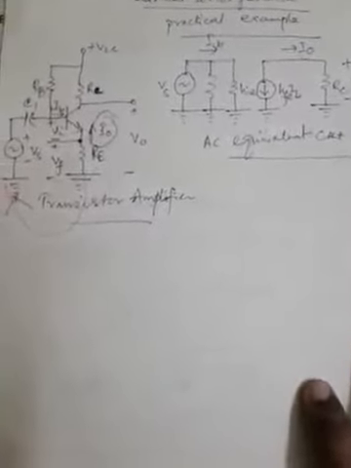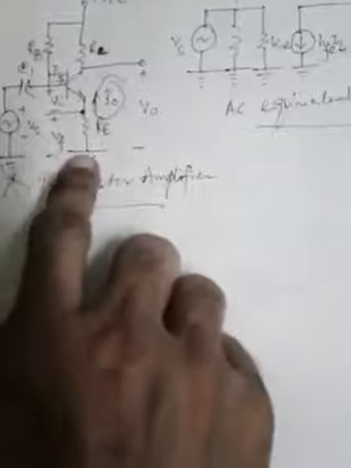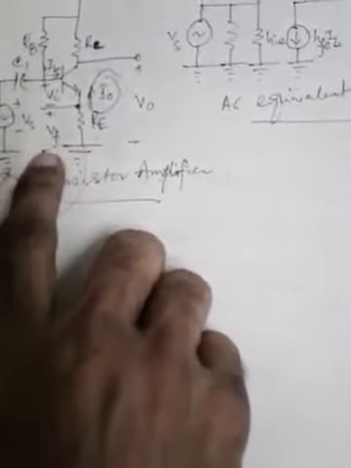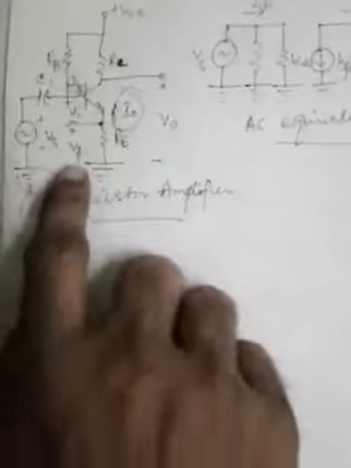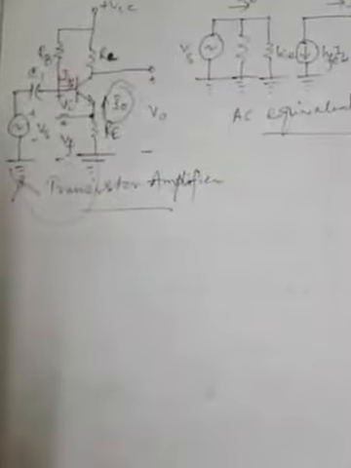Otherwise, since it is the AC operation of the transistor amplifier, had the bypass capacitor been connected, all the AC signal would pass through the bypass capacitor, and nothing would pass through this RE. So the tapping of output in terms of voltage VF will be difficult in that case.